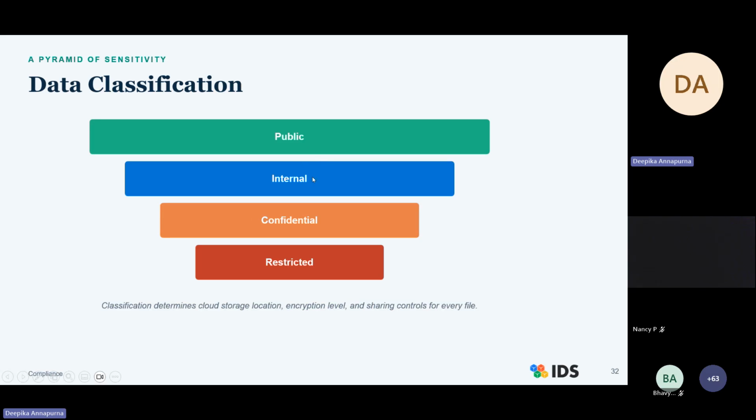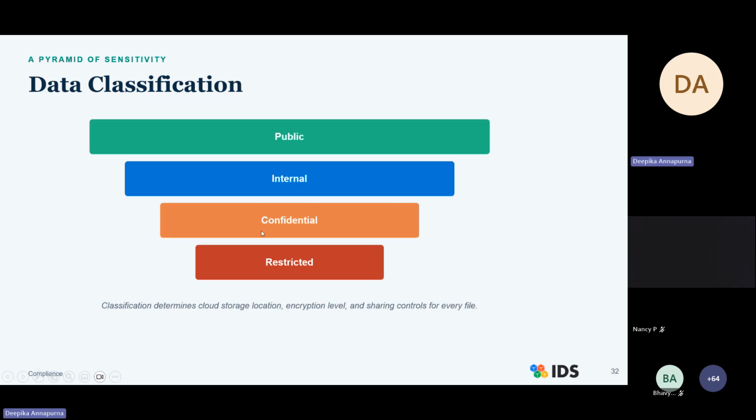The next one is internal information or internal data. This data is intended only for the employees inside the organization or the members inside the university. Like, let's say Teams meetings, internal circulars, or departmental processes or procedures that are internal to the company.